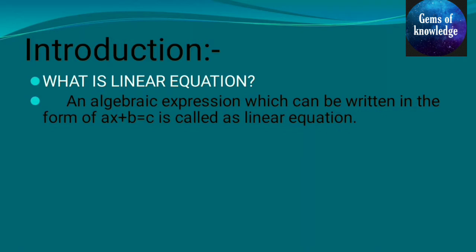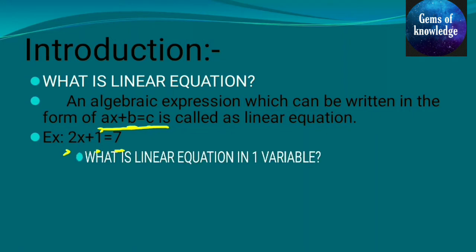Example: 2x plus 1 is equal to 7. Instead of a they have given 2, instead of b they have given 1, and instead of c they have given 7. This is just an example of a linear equation.